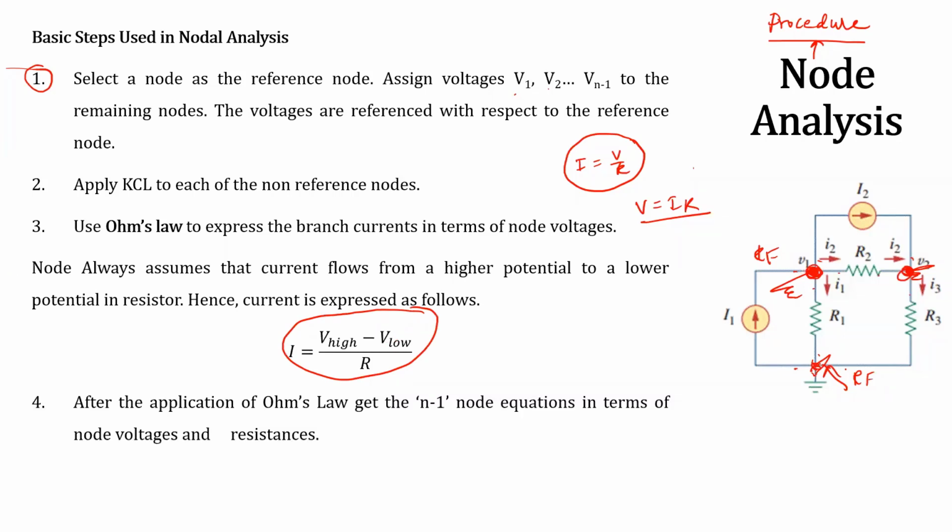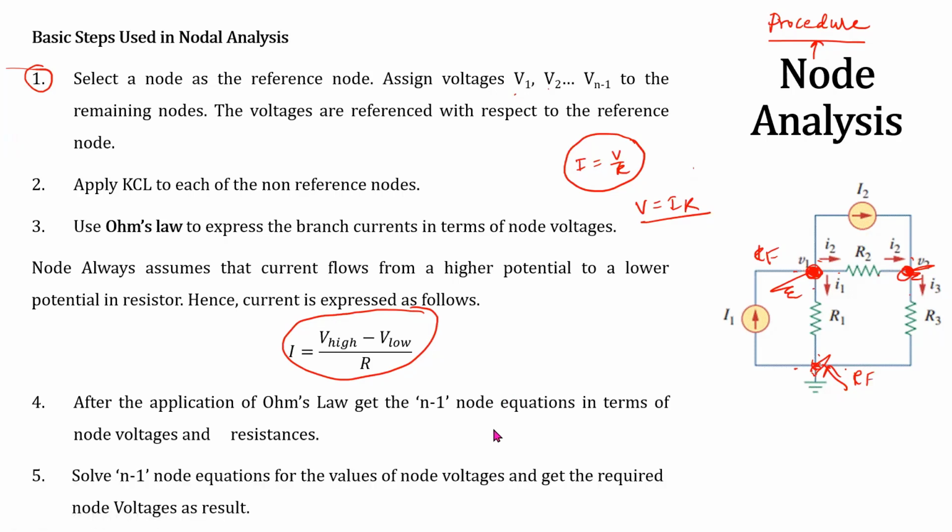After the application of Ohm's law, we'll get n minus 1 node equations in terms of node voltages and the resistance. Then simplify them, solve n minus 1 simultaneous equations. Okay.